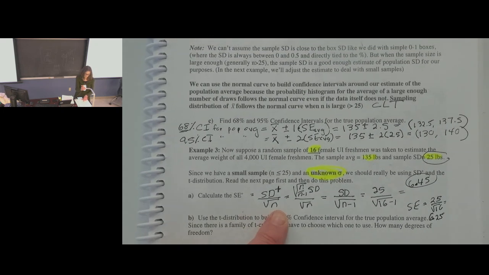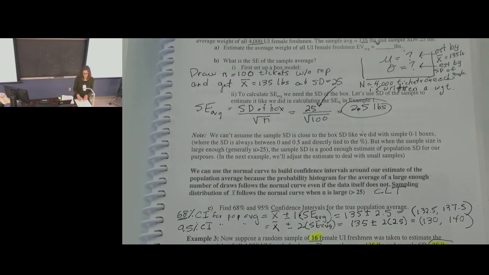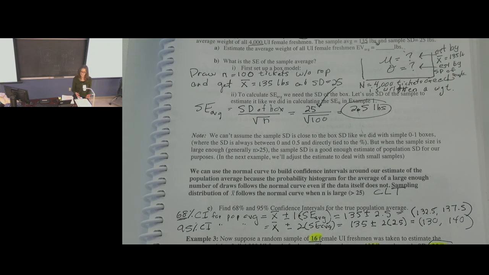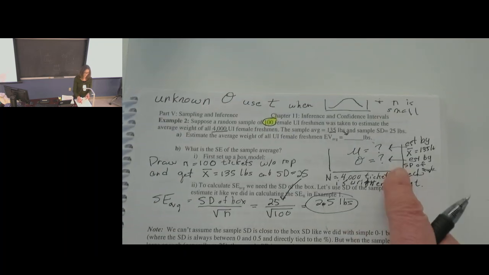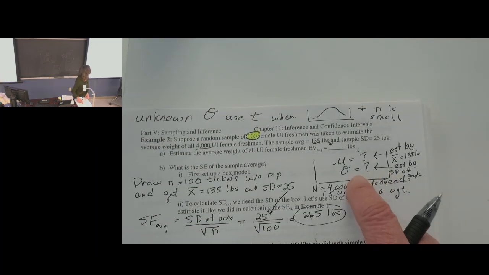But here's where the big difference comes in. I don't know if you know this, but the distribution of the sample average doesn't follow the normal curve if you have to make this kind of estimate for sigma.